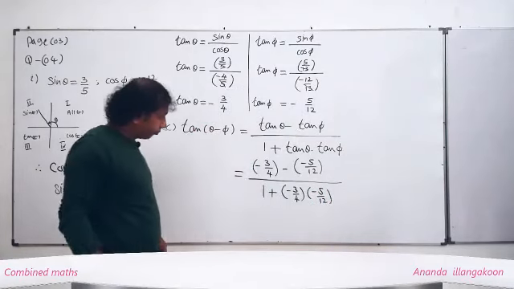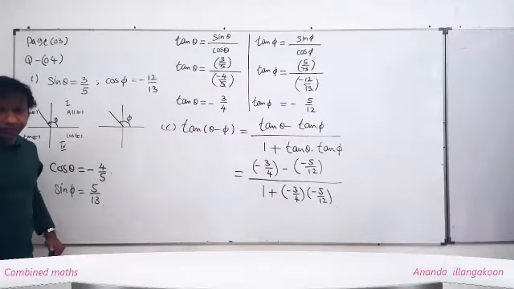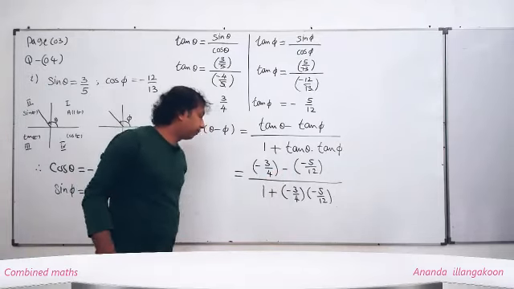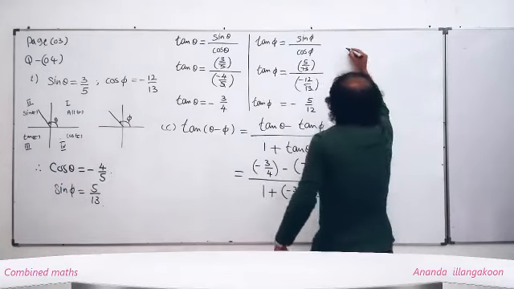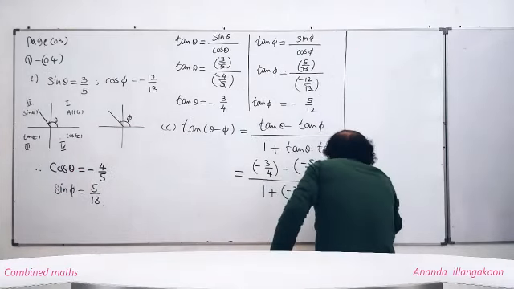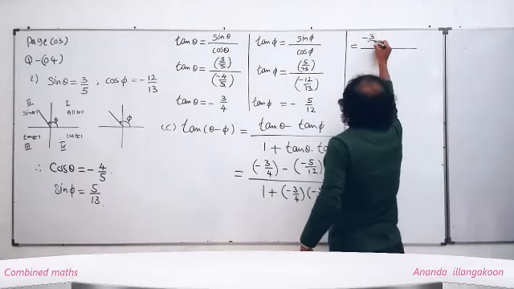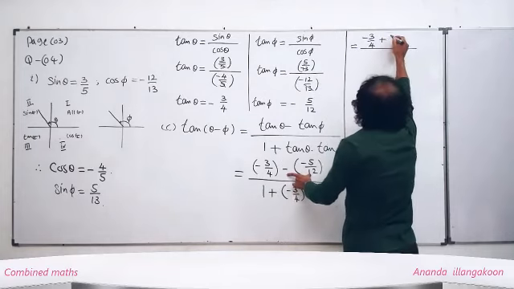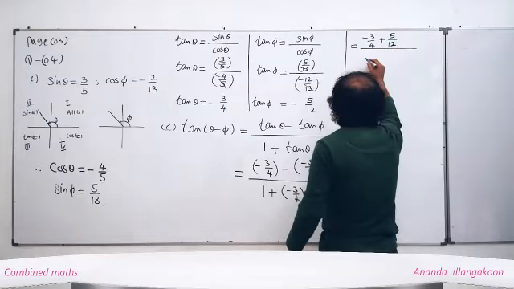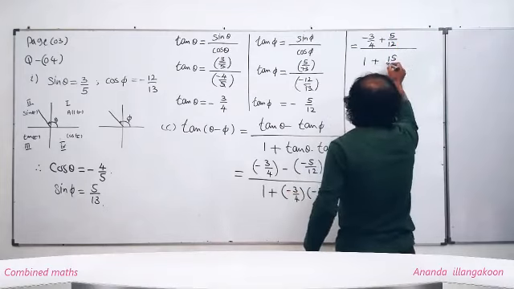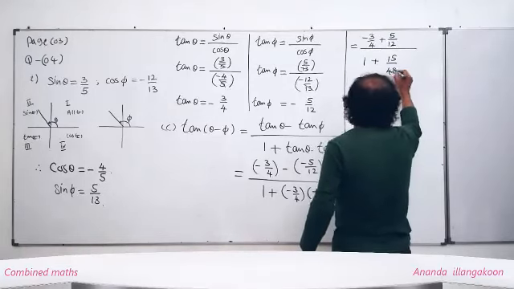Like this. Now we have to simplify this. Here we get minus minus plus. And here minus minus plus 15 divided by 48. Right.